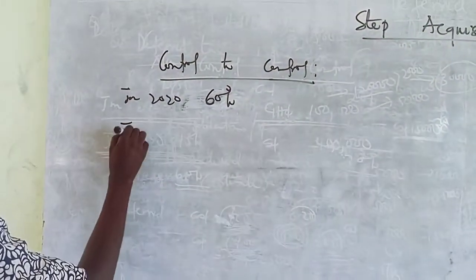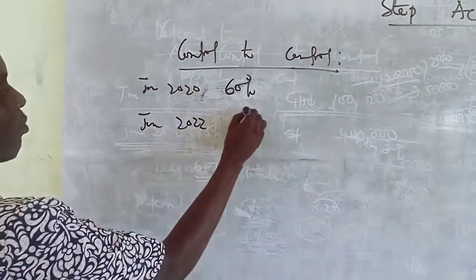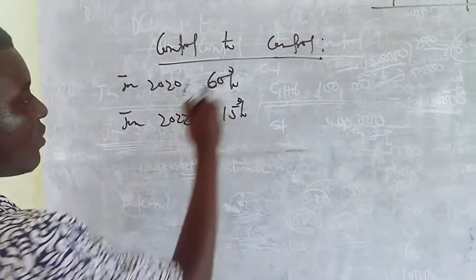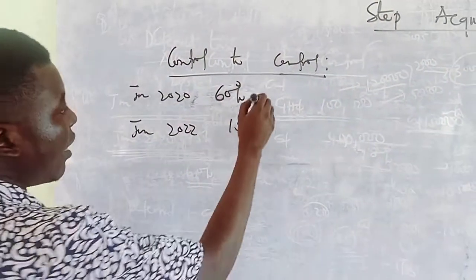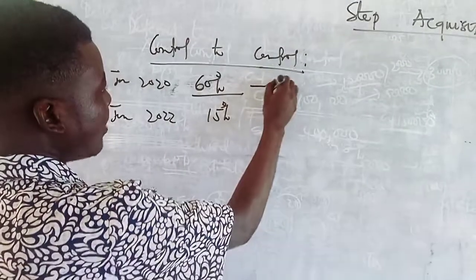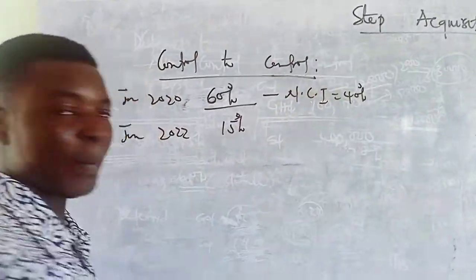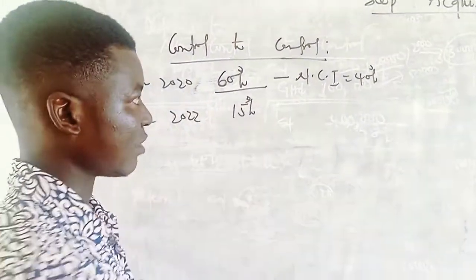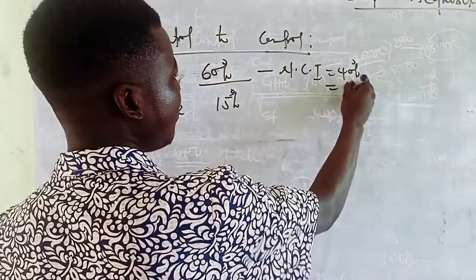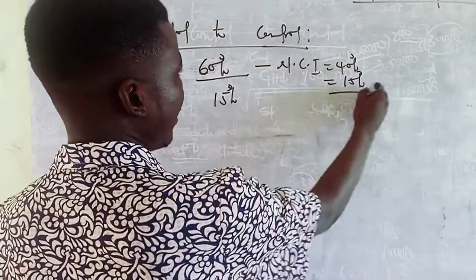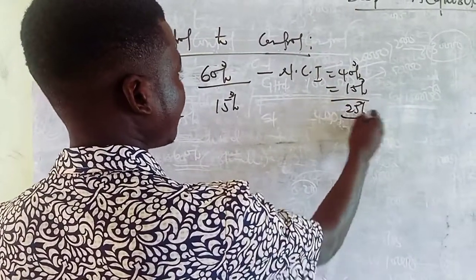But in January 2022, the parent bought an additional 15%. This will reduce the NCI from this date to 40%. So the parent is buying 15% from the NCI. So from this day, the NCI will be 25%.